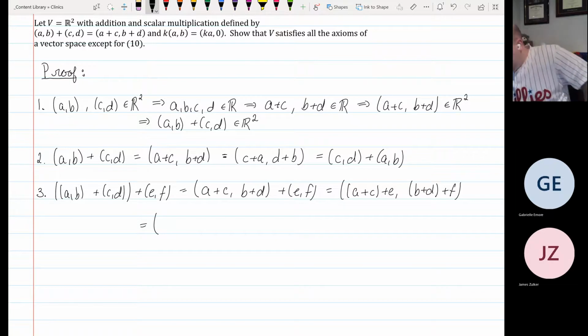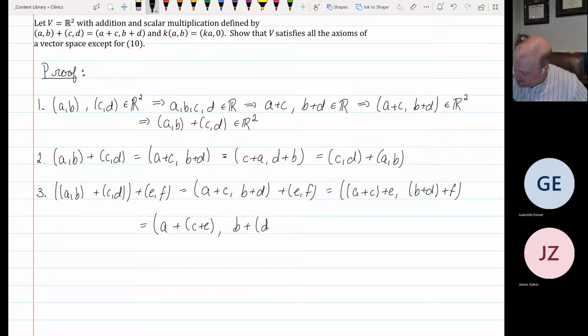So (A plus C) plus E is the same as A plus (C plus E), and (B plus D) plus F is the same as B plus (D plus F).